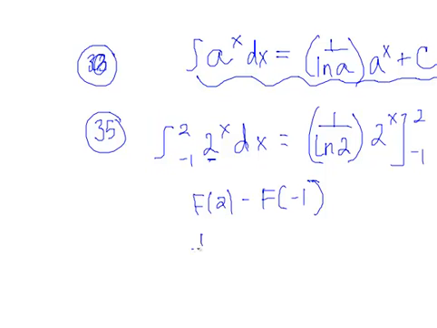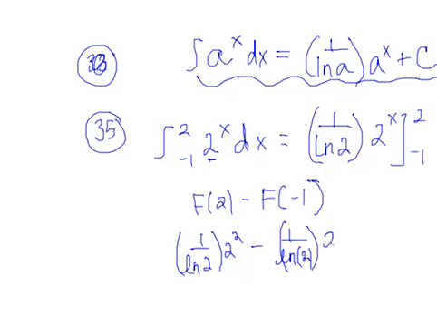So we have 1 over the natural log of 2 times 2 to the 2, minus 1 over the natural log of 2 times 2 to the -1. So what I'm going to be getting is 4 over the natural log of 2 minus, this right here is actually going to bring that 2 down to the bottom, so we have 1 over 2 times the natural log of 2.